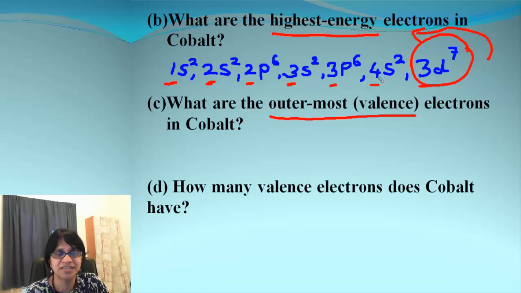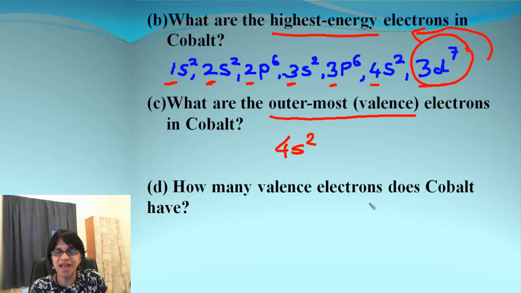So 4 is the highest one, or we can call that the outermost one, and therefore 4s2 will be the valence electrons. I look at that as a simple way: if you take the elevator to the 3rd floor, you can go to s, p, d, all the rooms, and if you have to go to 4s2, you need to go to the 4th floor by the elevator. So it tells you this is the outermost level which we have there.